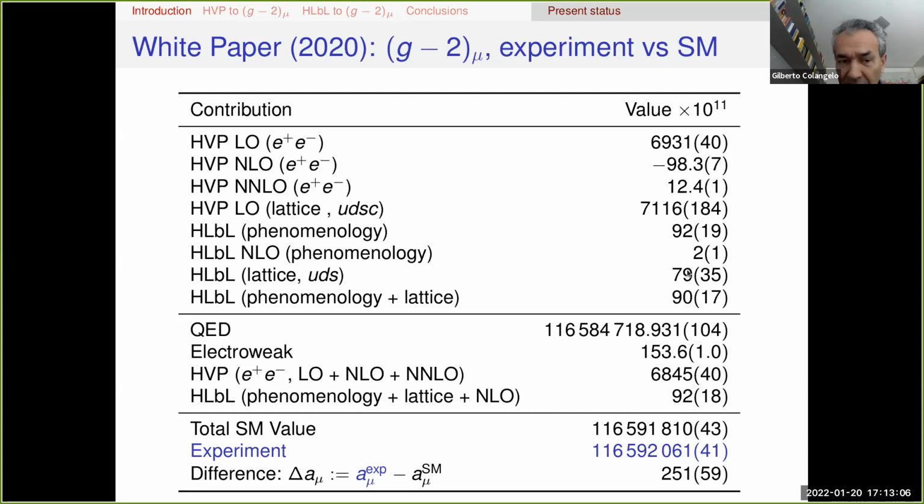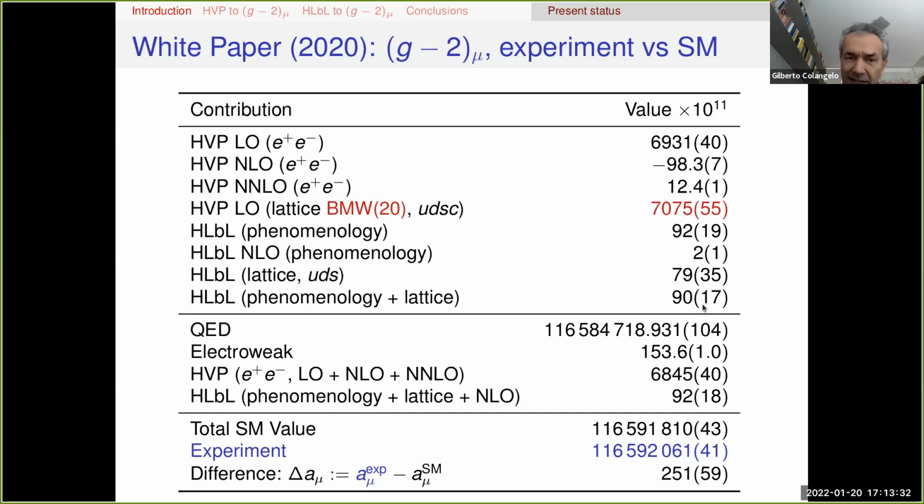Now for hadronic light by light, the lattice at the time of the white paper produced 1 result, RBC UKQCD, which was compatible with the data-driven estimate and which could be combined in the final number you see here. So although the uncertainty from the lattice is larger than the data-driven one, the combination led to a somewhat reduced uncertainty. So that's the situation.